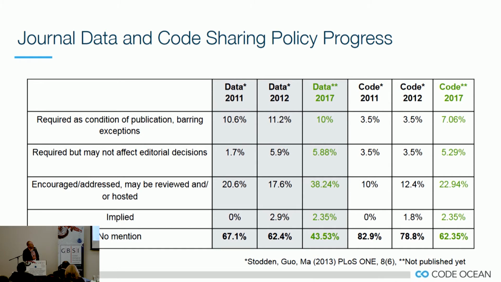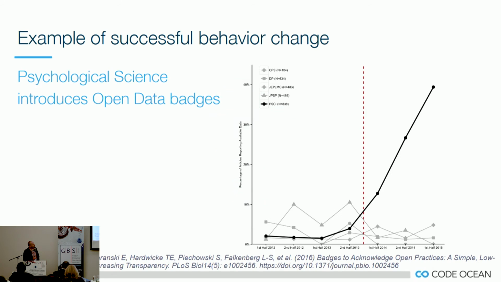And you can see the growth in the last few years, from 2011 to 2017 with data and code. Code is still lagging behind data, but it's reaching a point where there's a certain amount of journals who actually require it, but the big growth, I think, is around encouraging, which is a big change in the last few years, really.